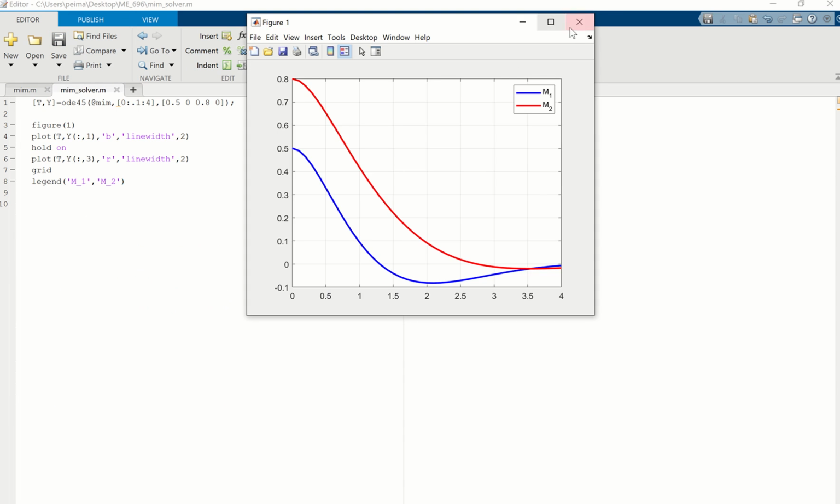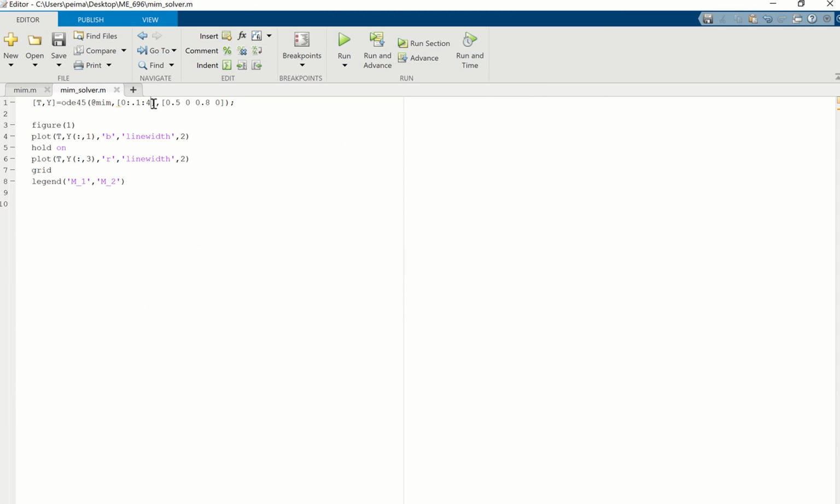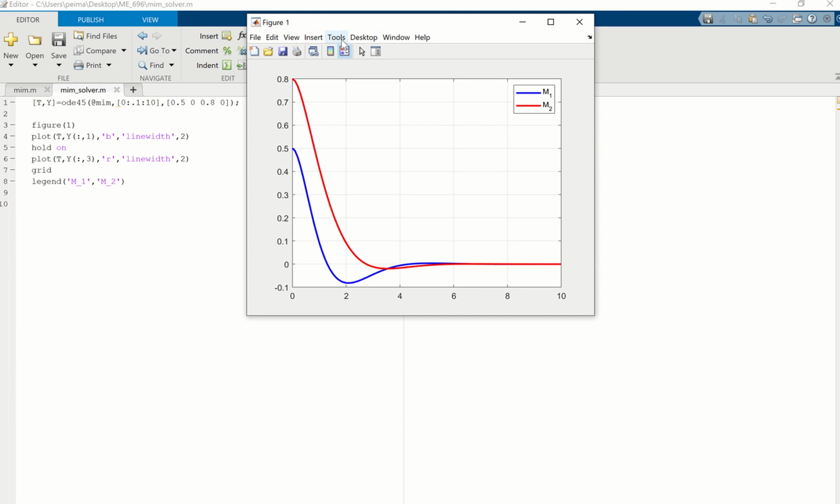See? Overshoot. So let me increase it. Here we go. Obviously you're gonna have an underdamped system because you have overshoot here. Alright, this is your responsibility, that you design proper eigenvalues of the poles of the system that satisfy your boss's demands.